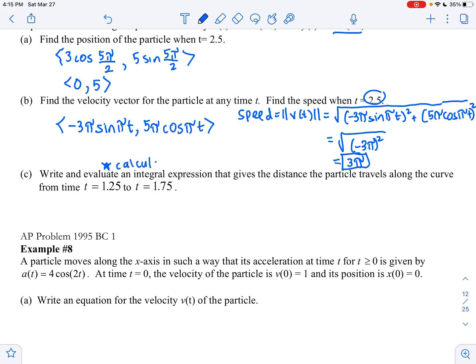I want you all to try this on the calculator, making sure that you are able to find this, because these are often calculator questions on the vector, parametric, polar free response. So we plug our expression, essentially the expression we had above, into an integral going from 1.25 to 1.75.